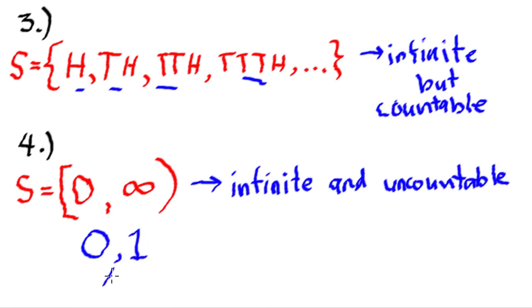Because there are infinite numbers in between, when we think of the decimals, the fractions, and everything between 0 and 1. So we have an infinite number of outcomes, and it's uncountable. Okay, and that will be very important in the next slide that follows. So we have seen here in our examples that we have infinite but countable and infinite and uncountable.